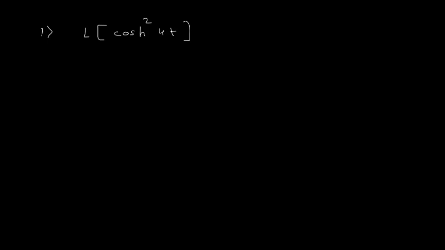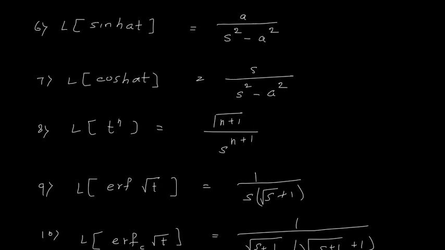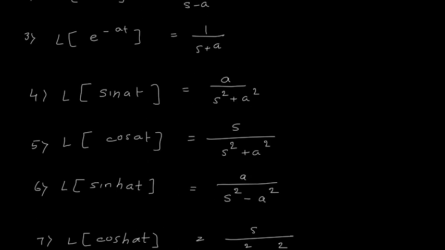As in integration, we try to convert the given functions into a form whose integration we can find. Similarly here, we have seen these standard formulas, so our aim should be to convert them into a form whose Laplace we already know. Here we know Laplace of sine, cos, sine hyperbolic, cos hyperbolic.